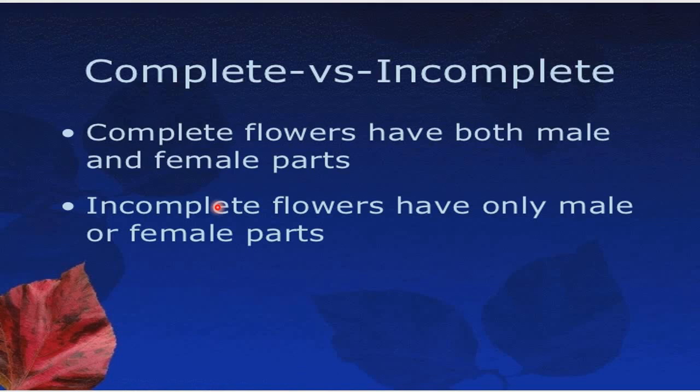When we talk about the corolla, the gynoecium, and the calyx. When a flower has all the four essential floral parts, we say that that flower is complete. But when a flower lacks one or more of these floral parts, we say that the flower is incomplete.